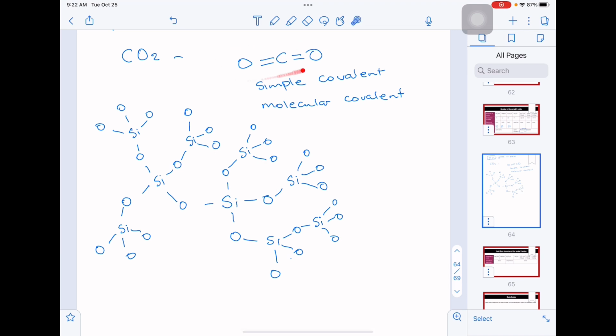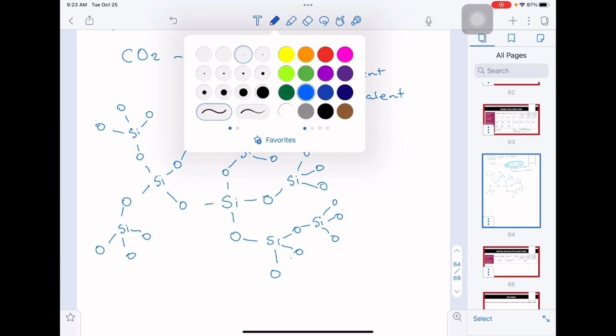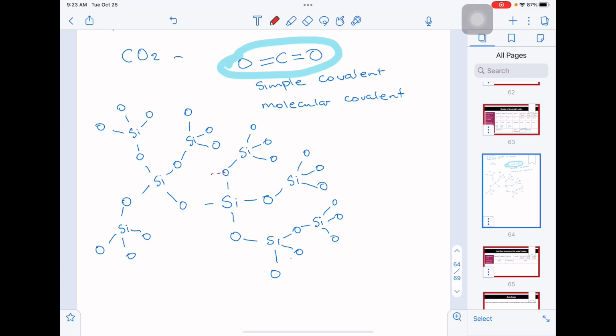While this structure here for carbon dioxide, we know where it starts and we know where it ends. This carbon atom and this oxygen atom and the other oxygen atom, that's it. But here, if I were to say, can I just isolate one silicon dioxide? It would be tough, because for me to be able to do that, I would have to maybe cut this oxygen and cut this oxygen and cut this oxygen and cut this oxygen so that I have silicon dioxide.